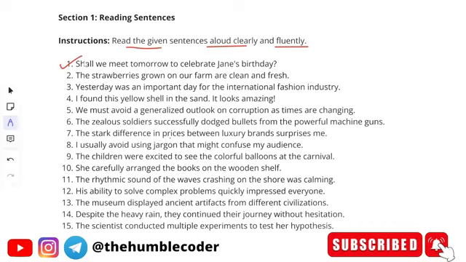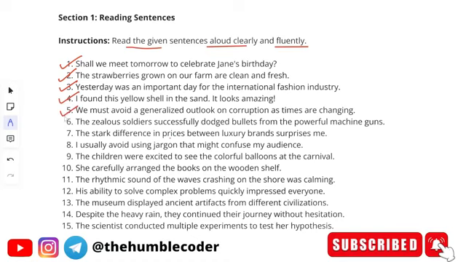Shall we meet tomorrow to celebrate Jane's birthday? Second, the strawberries grown on our farm are clean and fresh. Third sentence, yesterday was an important day for the international fashion industry. Fourth sentence, I found this yellow shell in the sand. It looks amazing.